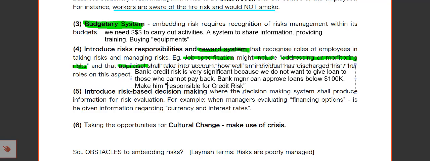And at the end of the day, if you manage to recover up to 99% of the loan you give out, you're going to get a bonus. That's an example of responsibility and reward. So when you give responsibility to a person, you also give reward.